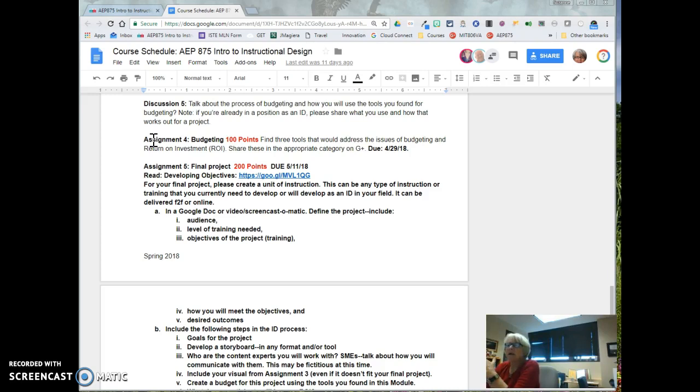Objectives are really difficult to write and yet important to understand. Make sure those objectives are action words. In fact, you can even look up instructional design objectives or objectives for creating an assignment or something like that, and you can find the verbs that are best to use, because you want those objectives to be measurable.